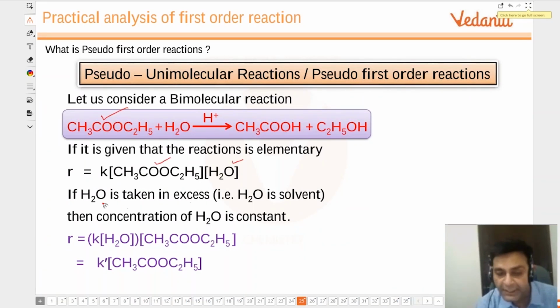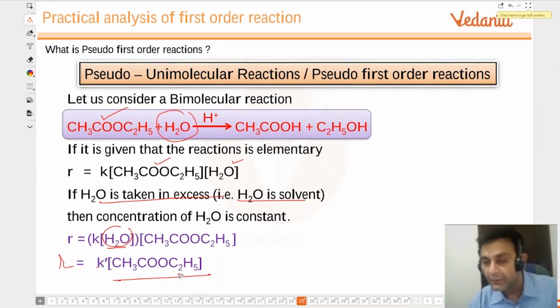And if water is taken in excess as a solvent, then in this process water will not be consumed at all, or will be consumed in very, very small quantity, right? So I can neglect that water, and now rate is equal to K dash into this value. Are you getting me till now?